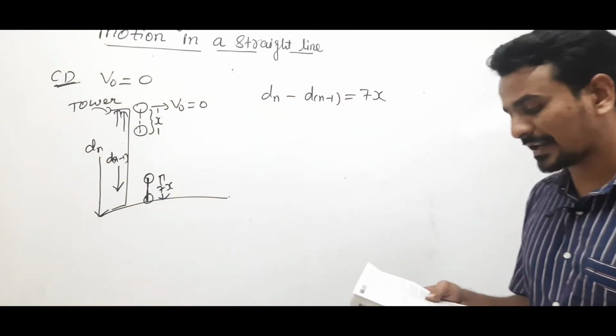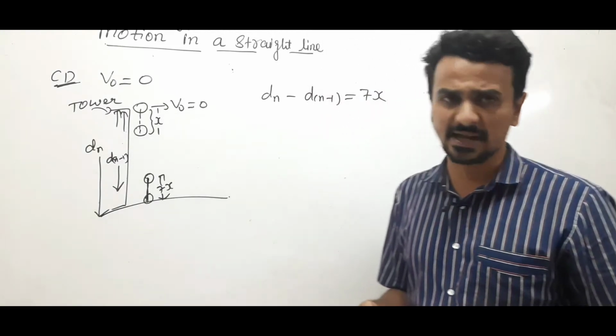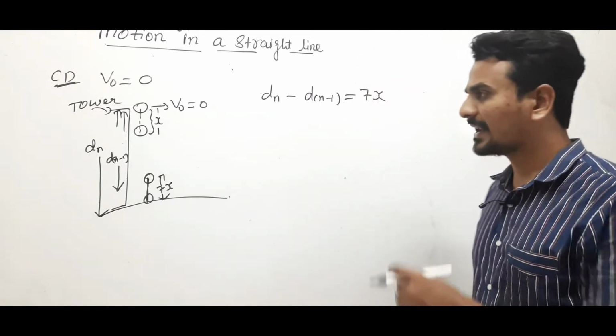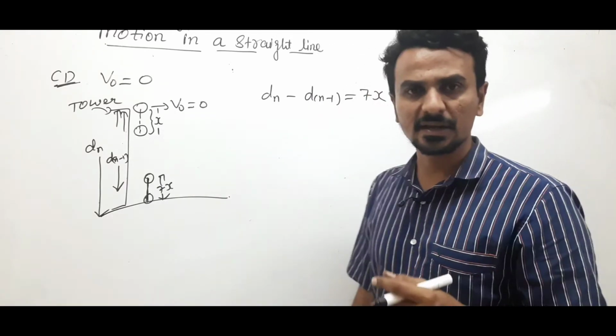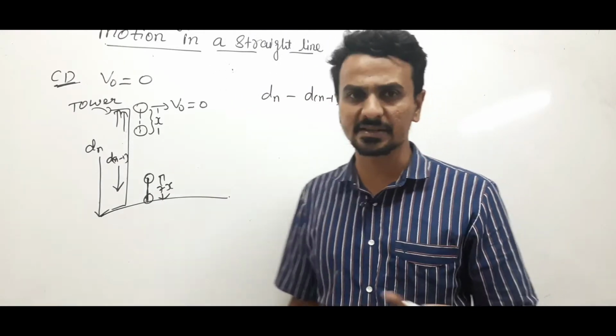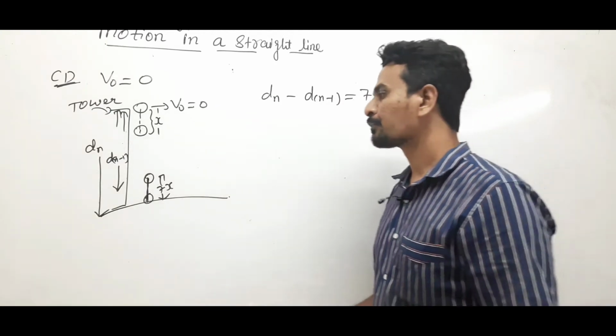You have been told to calculate the time taken to reach the ground. What will be the time taken by the body to reach the ground? x is the distance covered by the body in the first second, and 7x is the distance covered in the last second of its journey.